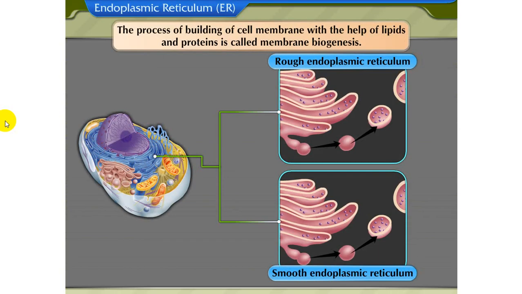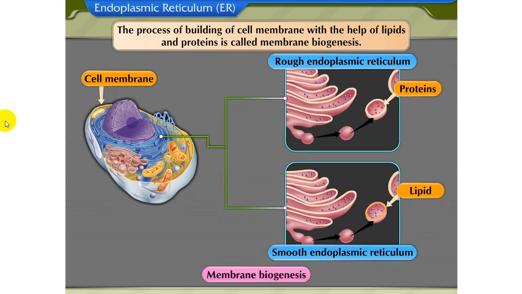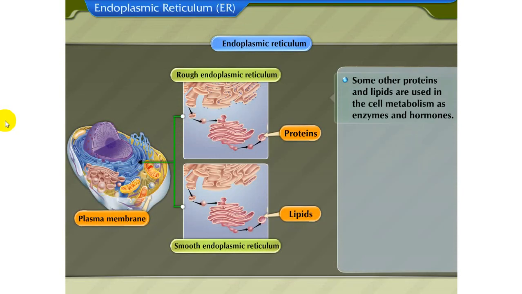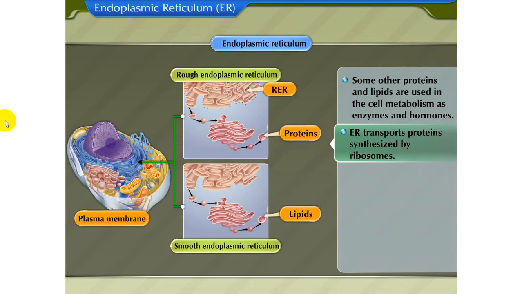The process of building of cell membrane with the help of lipids and proteins is called membrane biogenesis. Some other proteins and lipids are used in the cell metabolism as enzymes and hormones. It transports proteins synthesized by ribosomes, that is, RER.